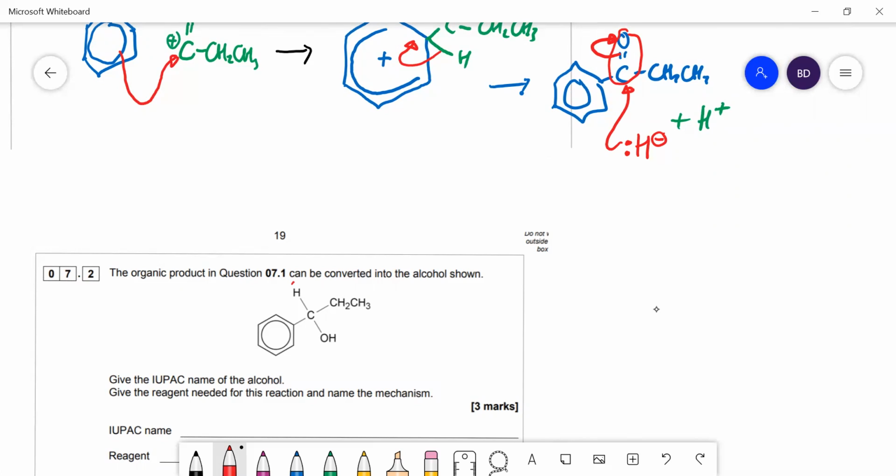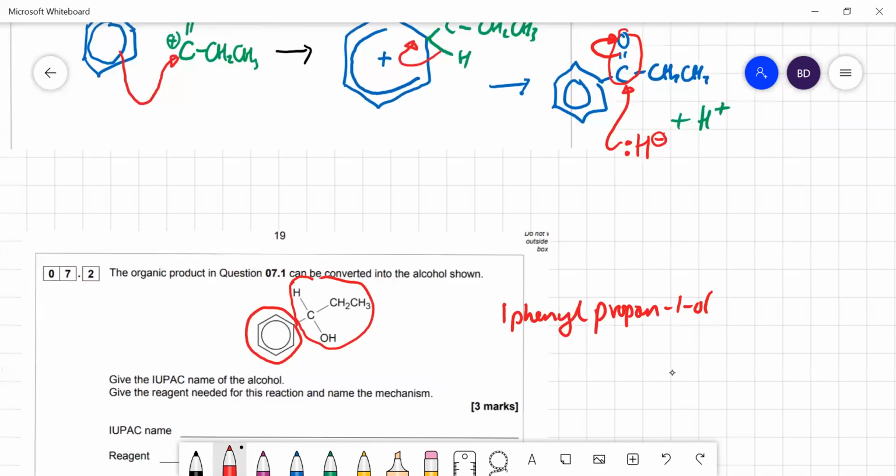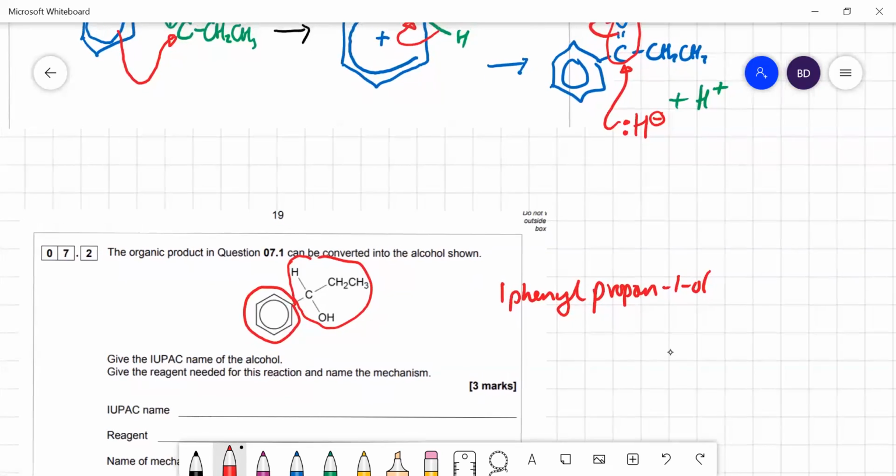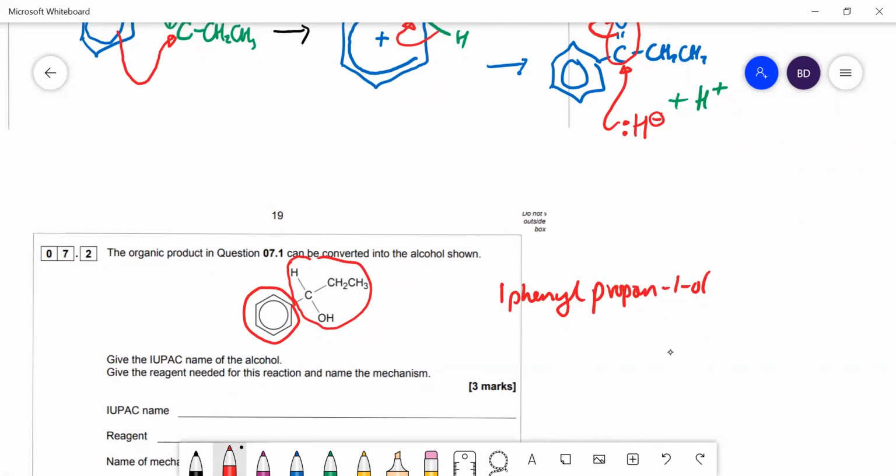Right, the name for that, well, first if you just look at this without the benzene, you've got propan-1-ol. But also stuck onto propan-1-ol, you've got this benzene ring, and it's called the phenyl, so you call it 1-phenyl. It's on carbon number 1, 1-phenylpropan-1-ol. Now the reagent needed for that, well, we said it's a reduction and it's nucleophilic addition, hydride ion, but that's not the reagent.